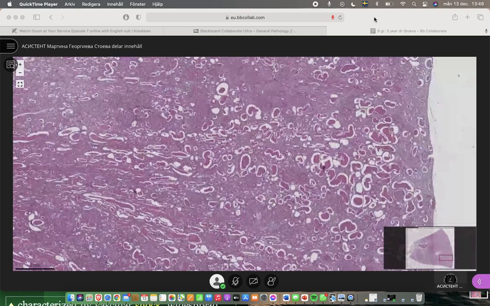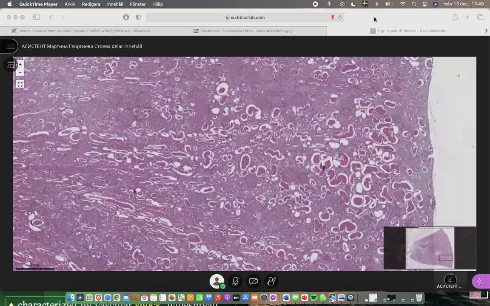And yeah, there is another prominent thing that you shouldn't mention from the very beginning, but only if you're asked. There is one blood vessel here, very large, which contains a thrombus. Or it could be an embolus, of course. It depends on if it's attached to the wall or not.